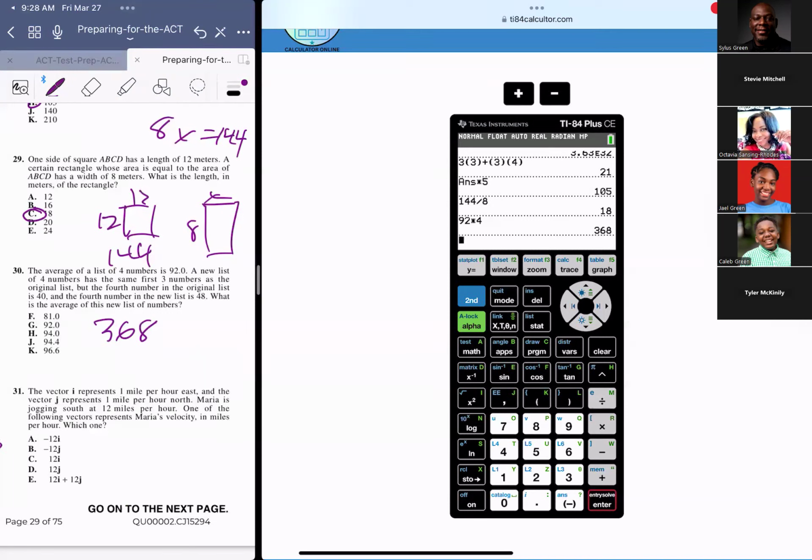Okay. And let's say one of the numbers was 40. If we subtract 40 from that, then that would be 328.